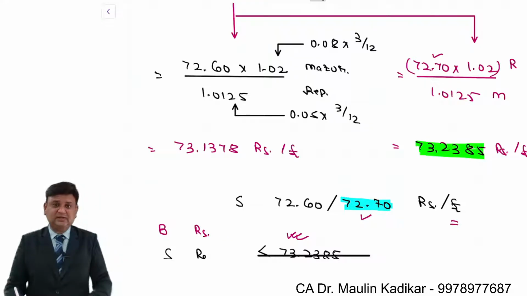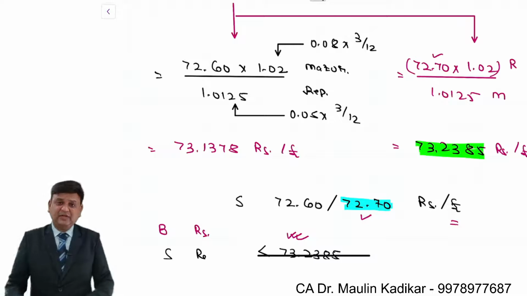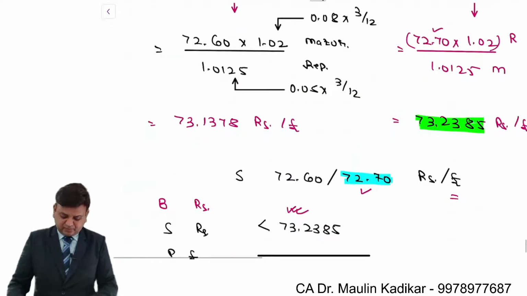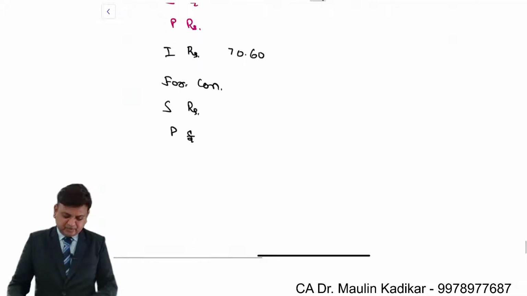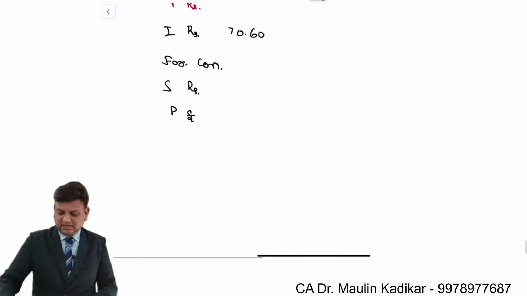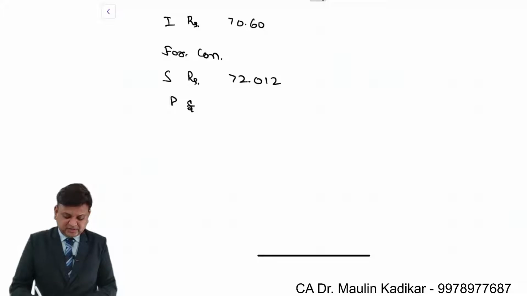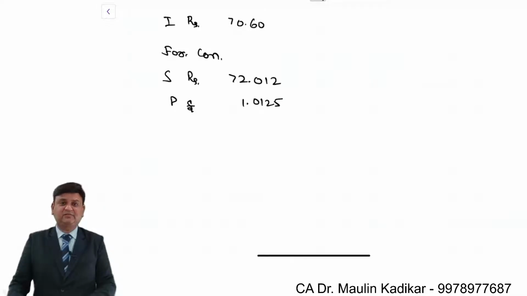When you convert rupees into pound, over here we say 70.60 plus 2 percentage, 72.012. When you convert this into pound and you get exactly the same as repayment of the loan, then in that case you will be at no profit, no loss.